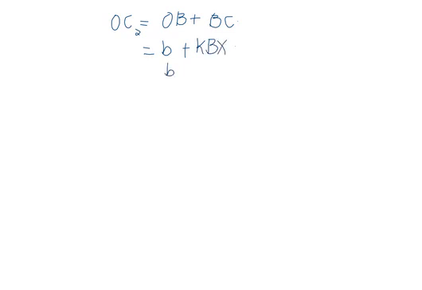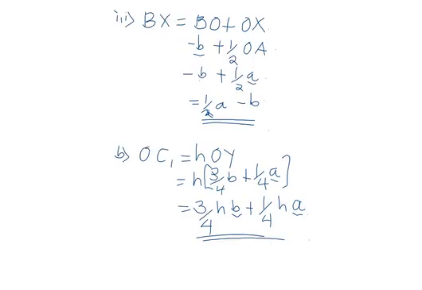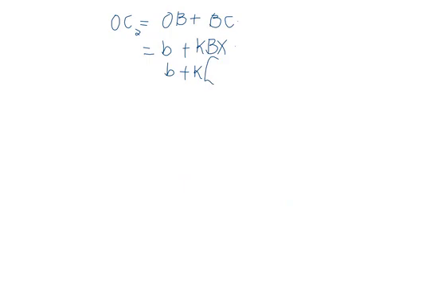So we will have vector B plus k into the expression which we obtained for BX in Roman 3, which is a half A minus B. So we have 1 over 2 vector A minus vector B. Then we open the brackets and this will be vector B plus half k vector A minus k vector B.